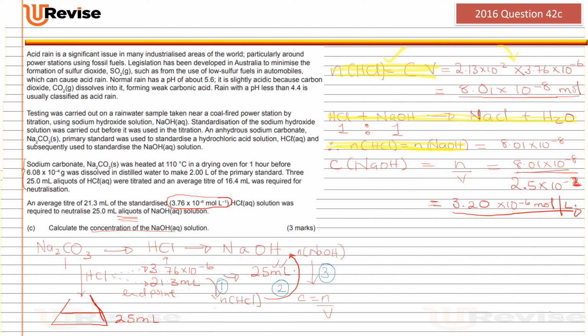How did I get to the conclusion that the moles of sodium hydroxide are equal to the moles of what? Of hydrochloric acid, because I used a balanced equation. That's a chemistry concept. Here's another chemistry concept.